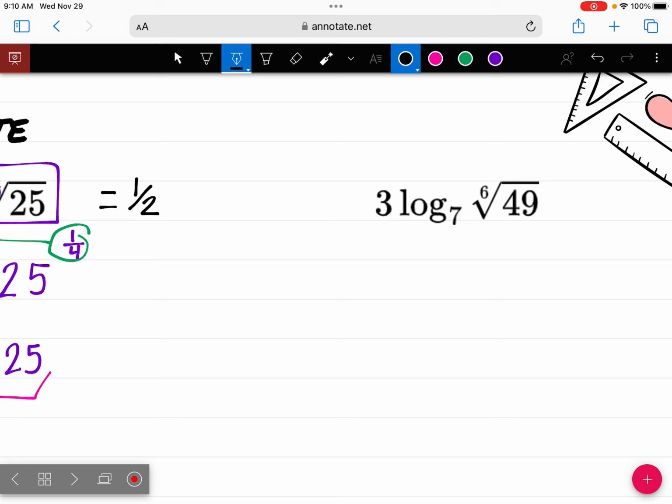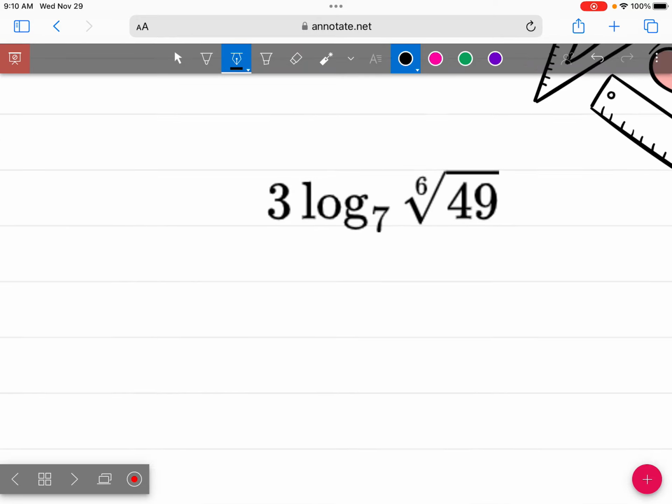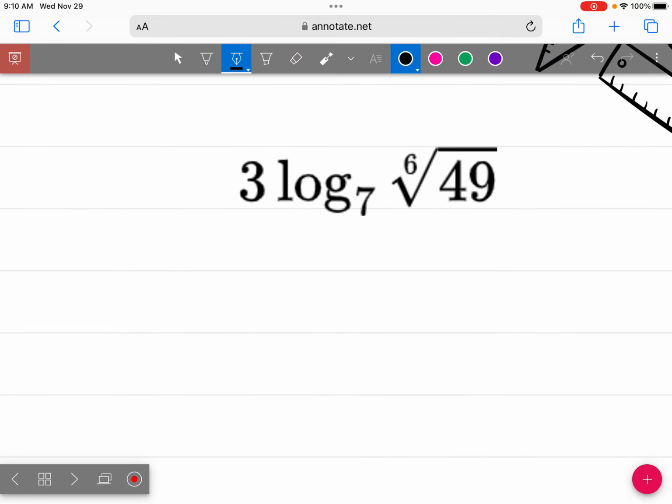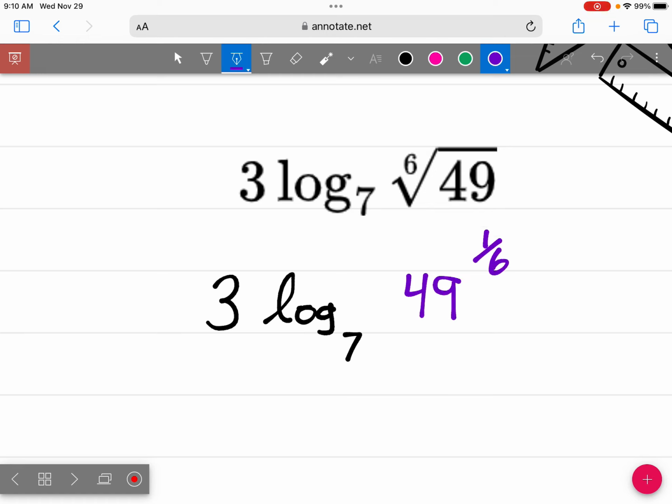It's a very similar vibe on the right one. We've got 3 times log base 7 of the 6th root of 49. But we can rewrite that to get it out of the root: 3 log base 7 of 49 to what power? 1/6.